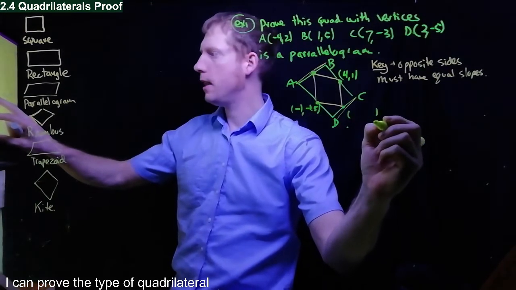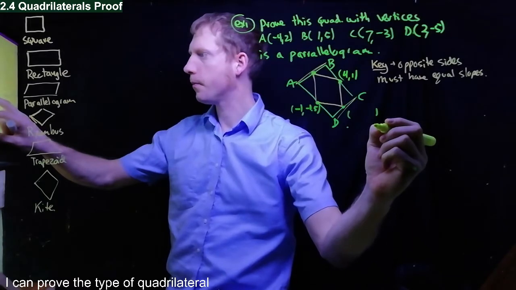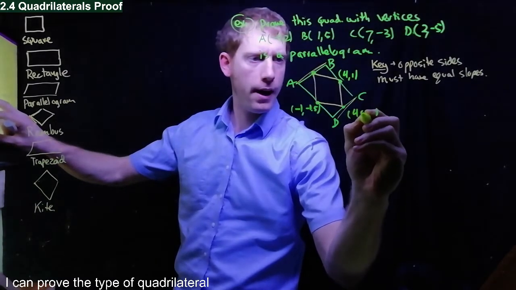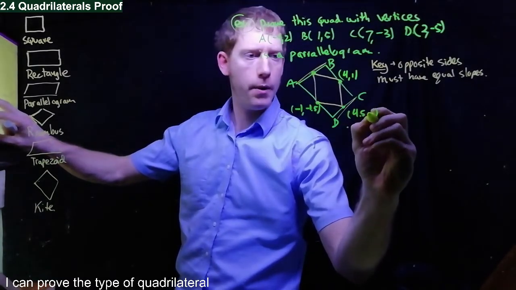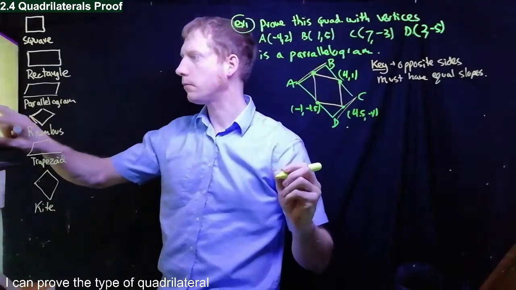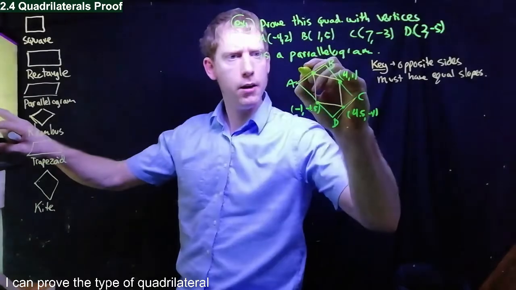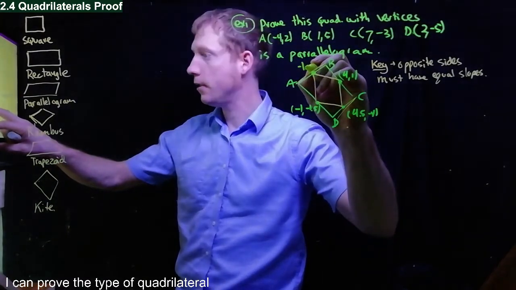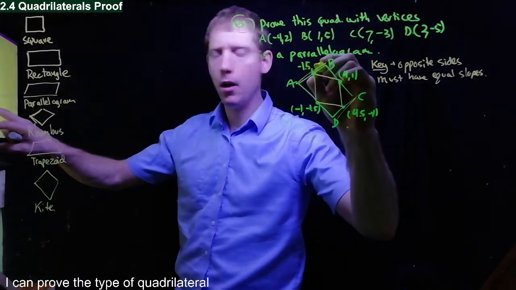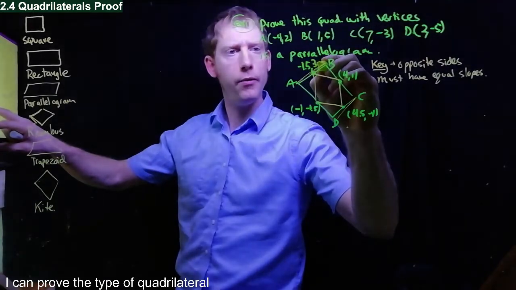And this one right here is 4.5, -4. And this one here is -1.5, 3.5.